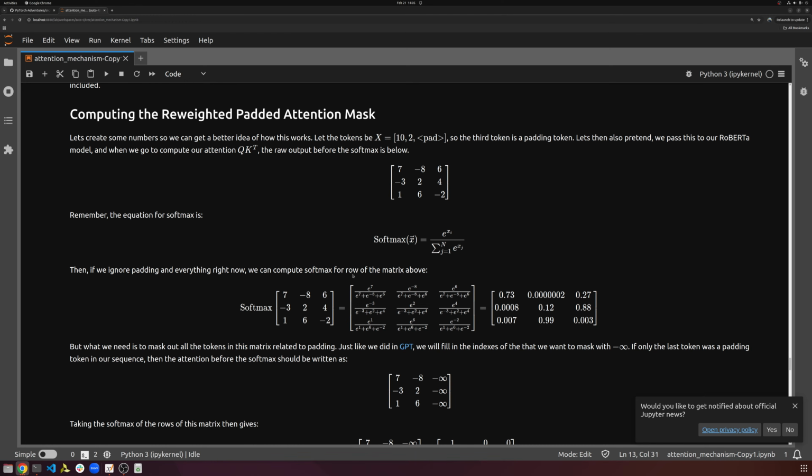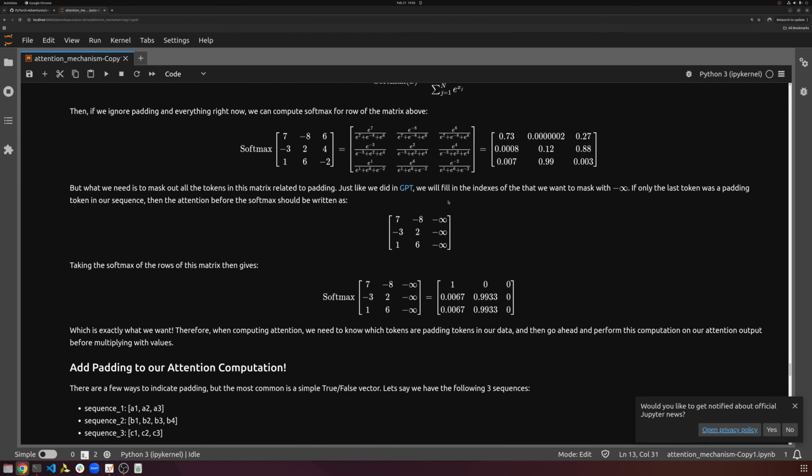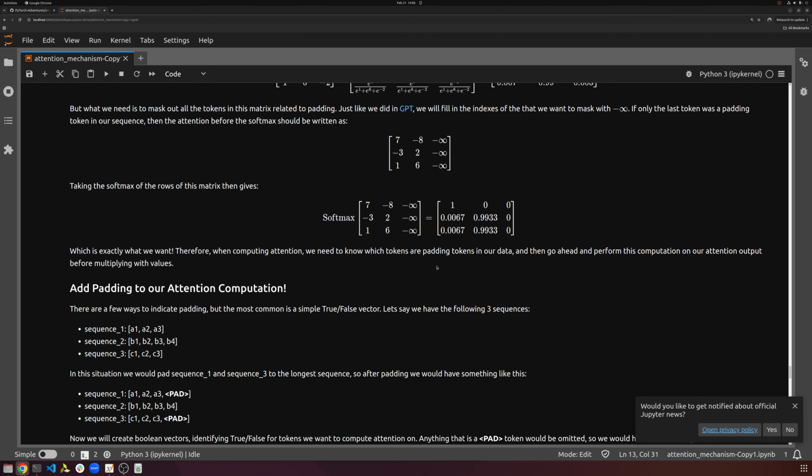I outlined this with some more detail here, so you can see that in a multidimensional tensor, I have a pad token here. That means I'm going to fill it with a negative infinity. When we do the softmax, that makes sure that we have zeros in this column and all the other rows add up to 1. And that's it. That's our main calculation happening here.